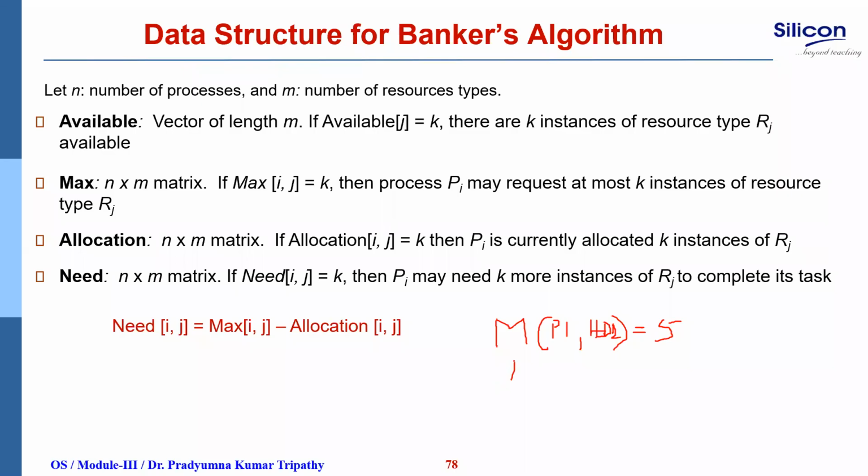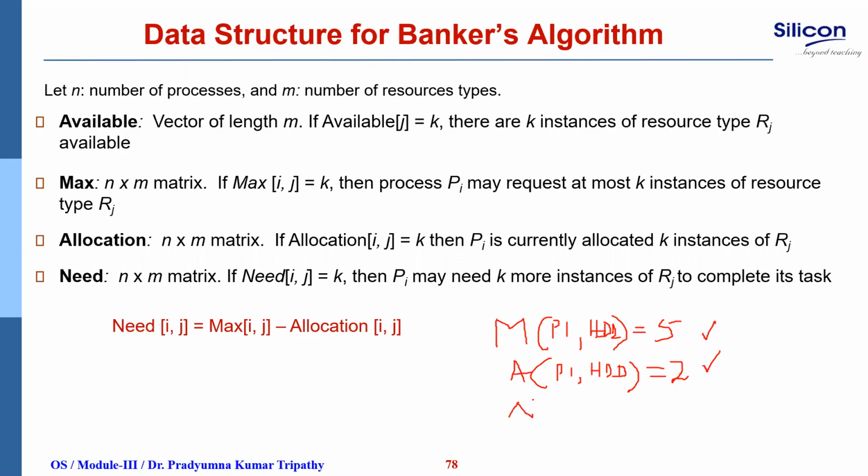But if I say allocation of P1 comma hard disk equals 2, that means out of 5, 2 are allocated. The maximum need is 5, and now 2 are allocated.